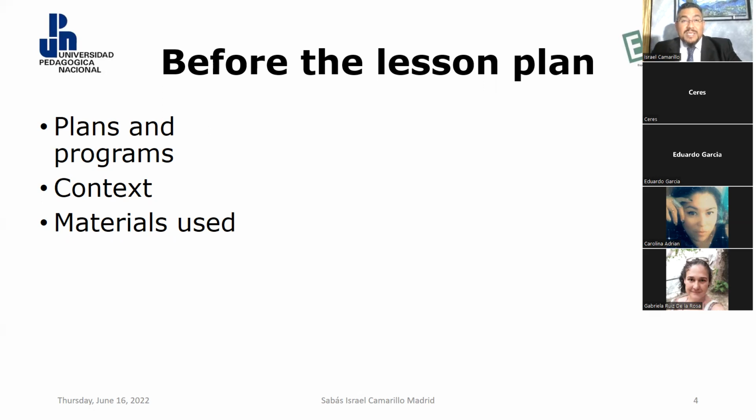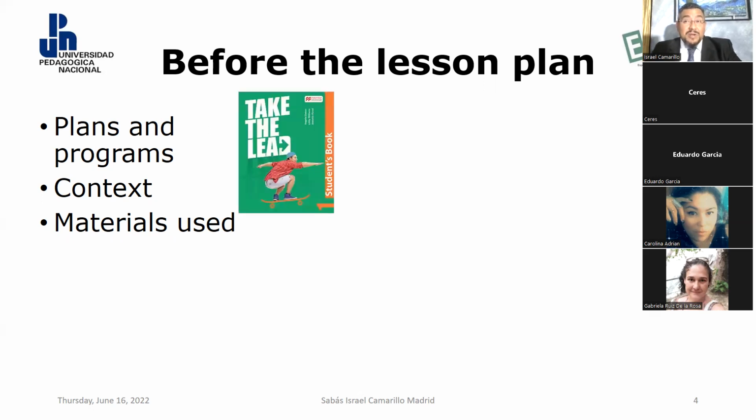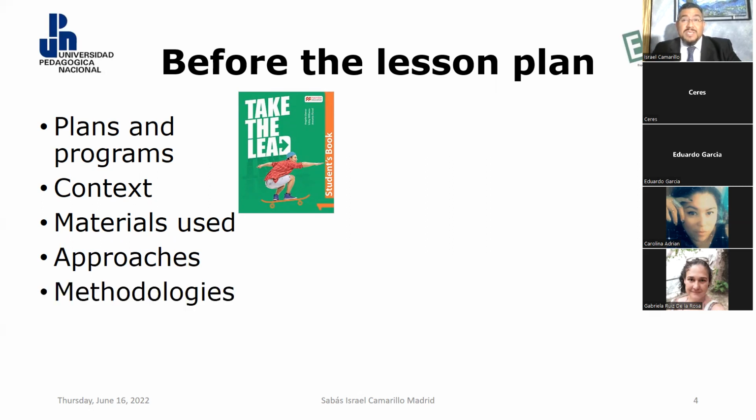So I started to study the plans and programs, the context, and the materials previously used. Before the pandemic, we had a lot of editorials whose materials we were using. Also the approaches and methodologies and how we apply them in crowded classrooms. That's important because we always have at least 40 students, more than 40.